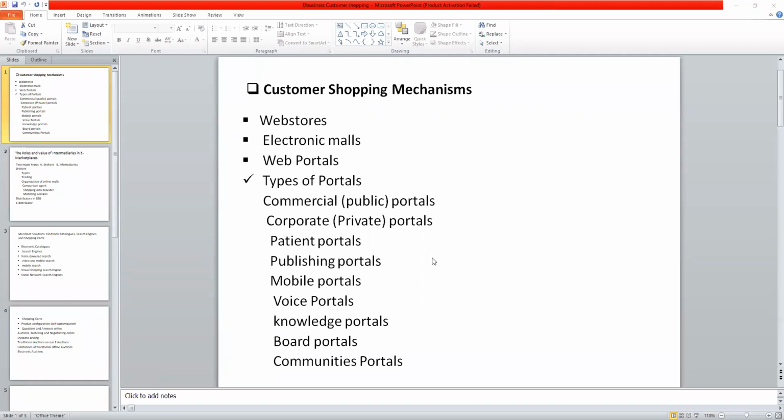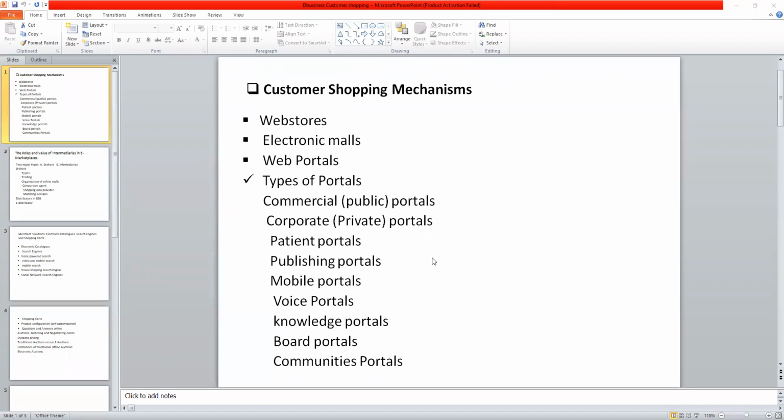Now, there are also mobile portals. Today, with the increase in the penetration of mobiles, portals are accessible from mobile devices. An increasing number of portals are accessible through these mobile devices, and today because of smartphones, they are becoming much more popular.